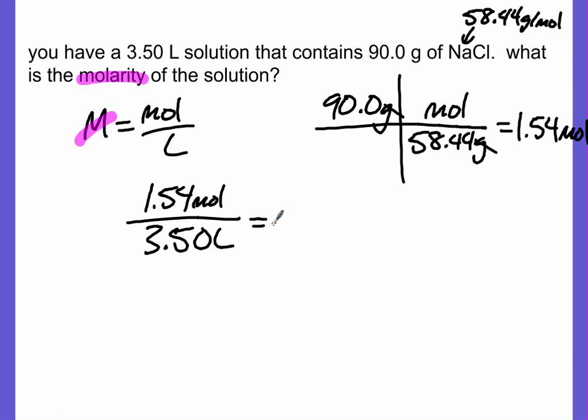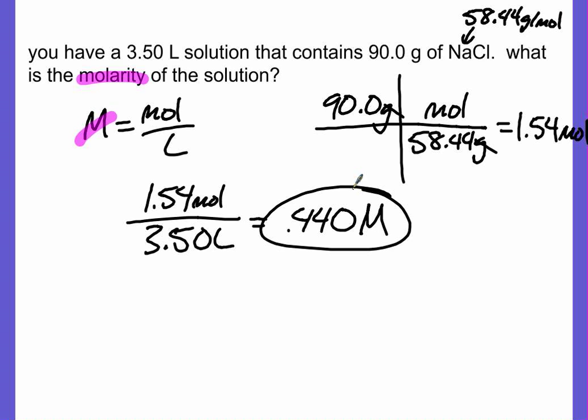So 1.54 divided by 3.50 equals 0.44, and that's what my calculator spits out, but I'm going to need 3 sig figs, so make sure you add that 0 on the end. So I'm going to have 0.440 as my molarity, right? And I'll just use that big M to label, so that should be my answer.